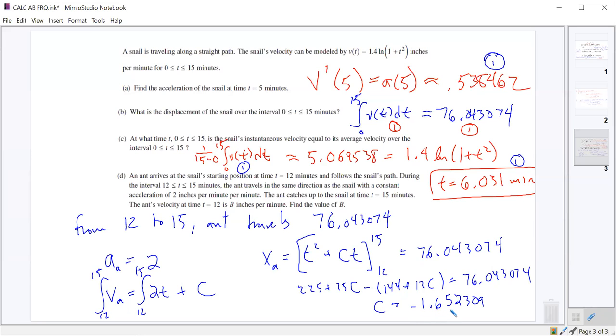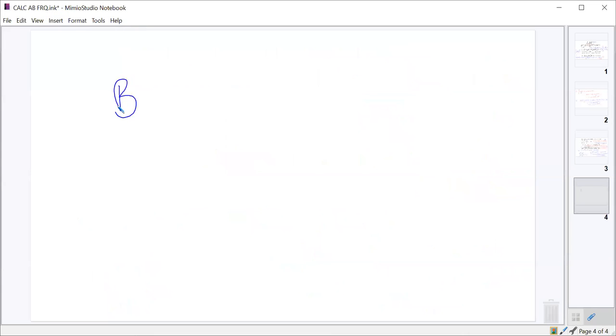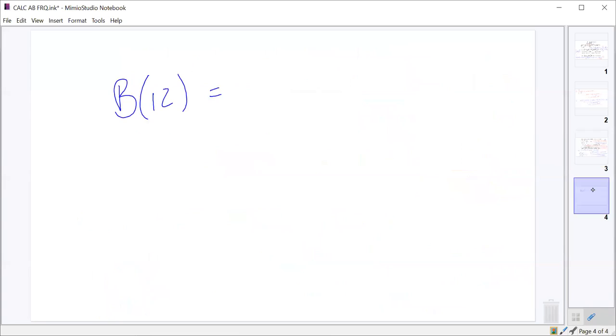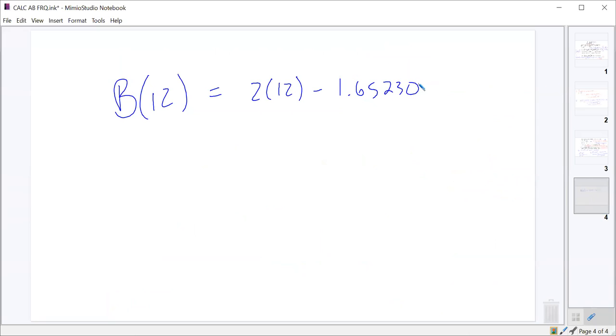And if c is negative 1.652309, b, the velocity at 12, ought to be 2 times t plus or minus 1.652309, which should be 22.348.